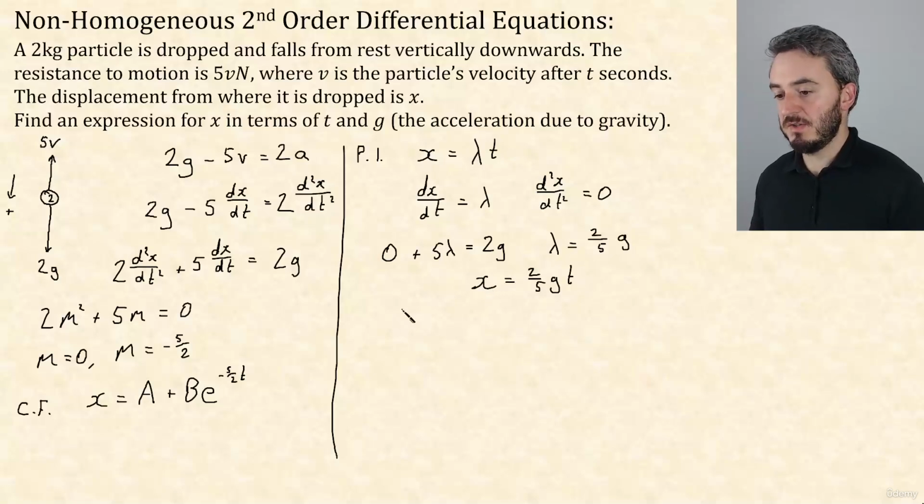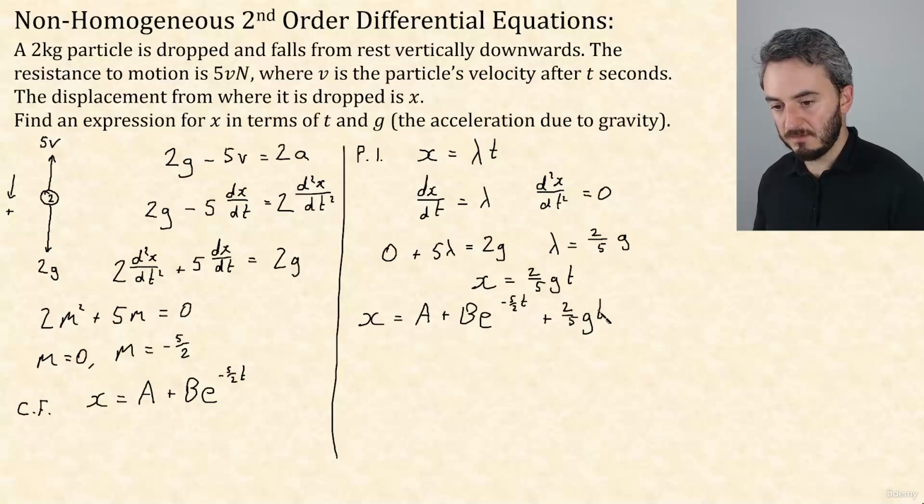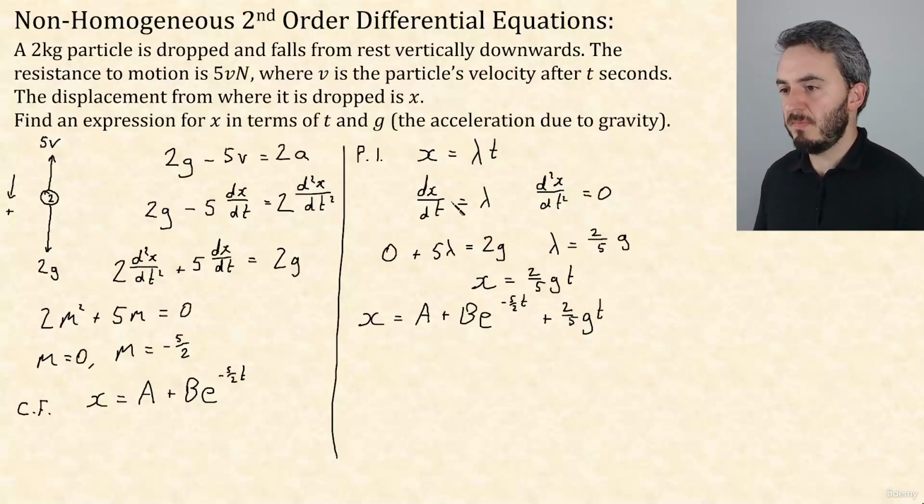So now we have our solution, or our general solution at least. It's x equals A plus B e to the minus 5/2 t plus 2/5 gt. We want to work out what A and B are. So do we have any boundary conditions?